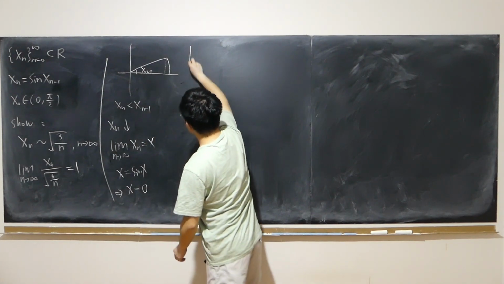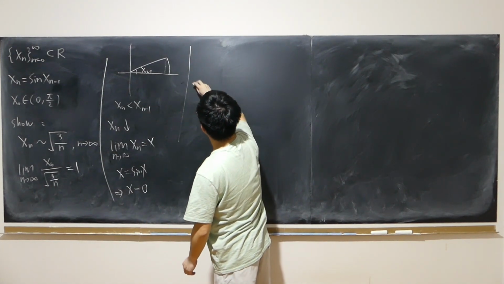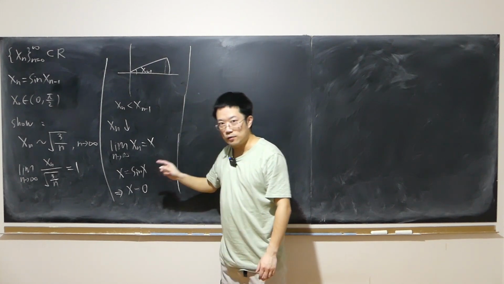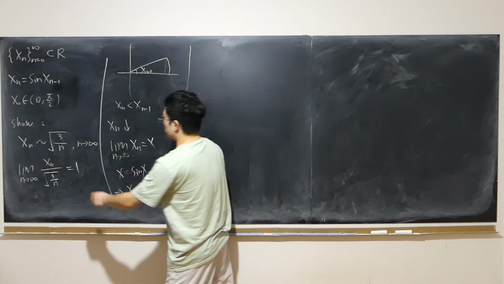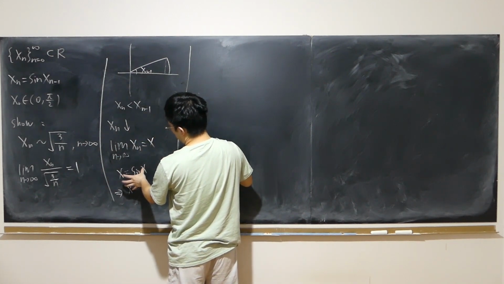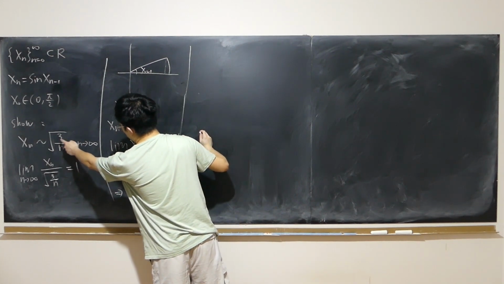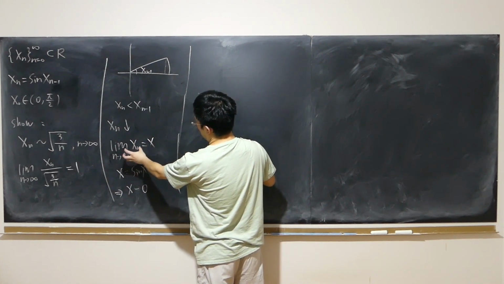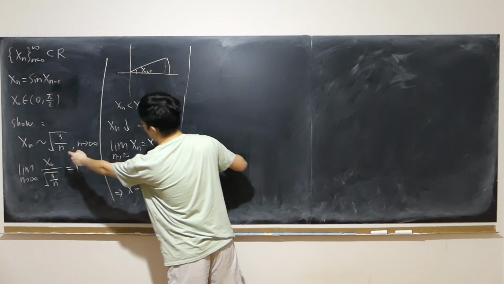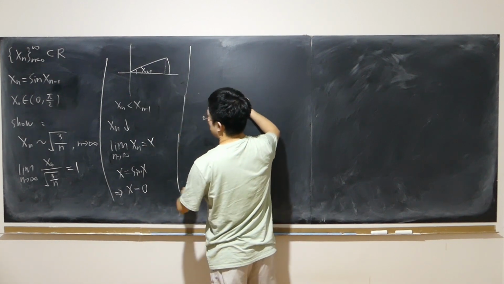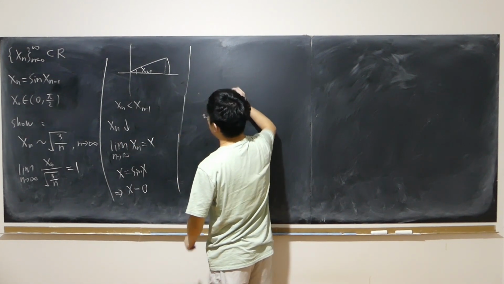Now, we're not done. All we know is that the limit is 0. But we want to show the sequence approaches 0 at the speed of square root of 3 over n. In other words, the sequence is approaching 0 in the order of square root of 1 over n, so it's approaching 0 very slowly.